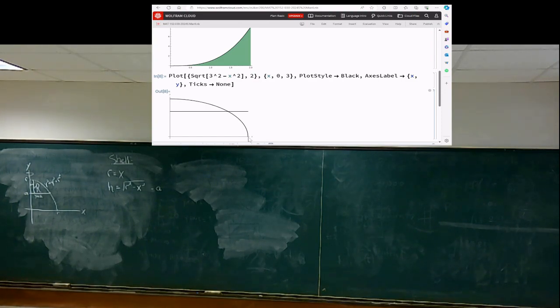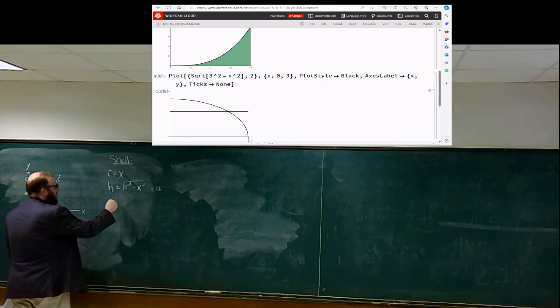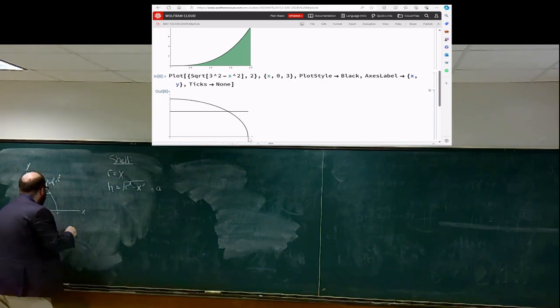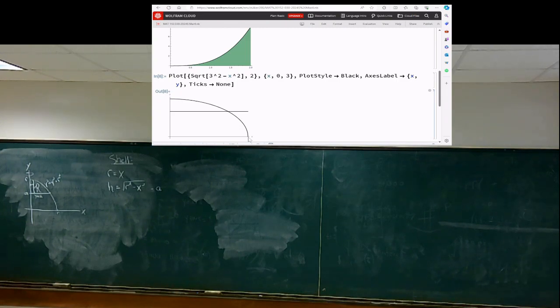So technically what we're doing is very similar to the washer method, because I could just define two heights. My outer height, which would be from the x-axis to the curve, which is this. And then my inner height from the x-axis to that line, y equals a. And then subtract the two volumes.